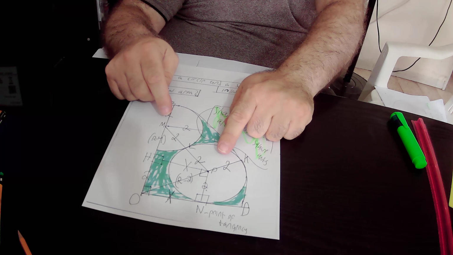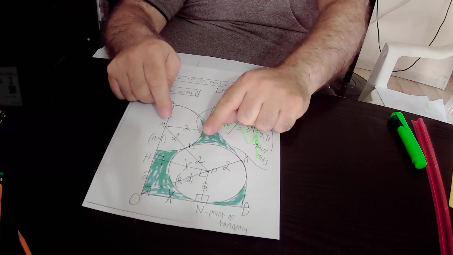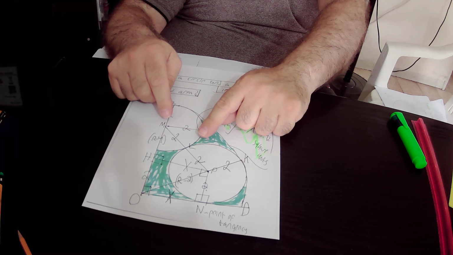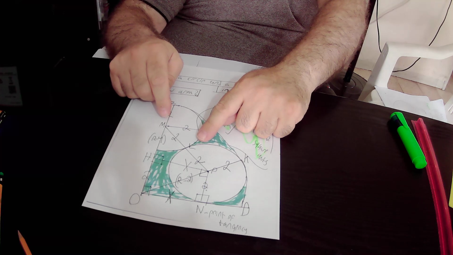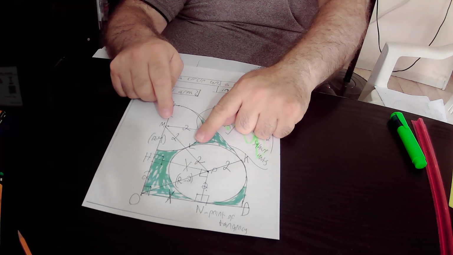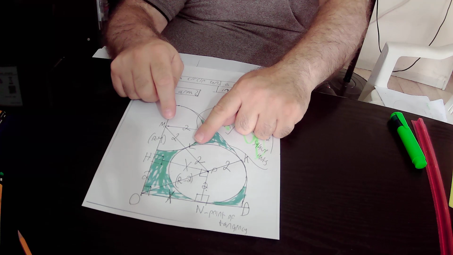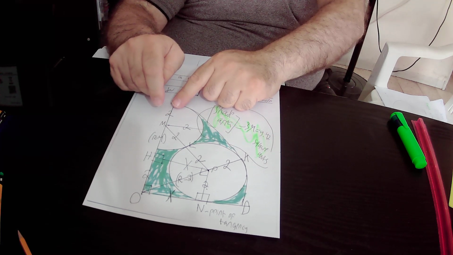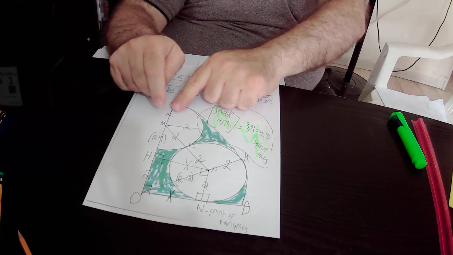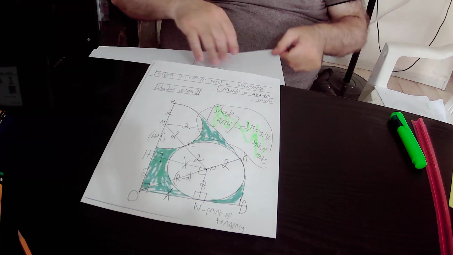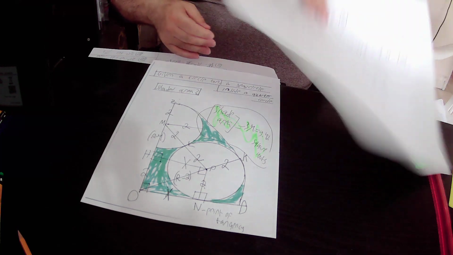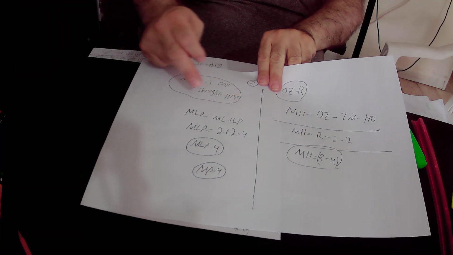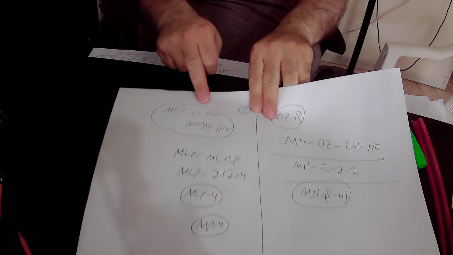It must pass through point L, the point of tangency of the two circular shapes. So we can conclude that MLP is one straight line.